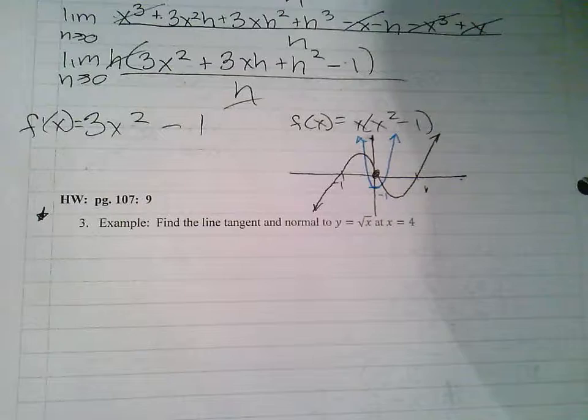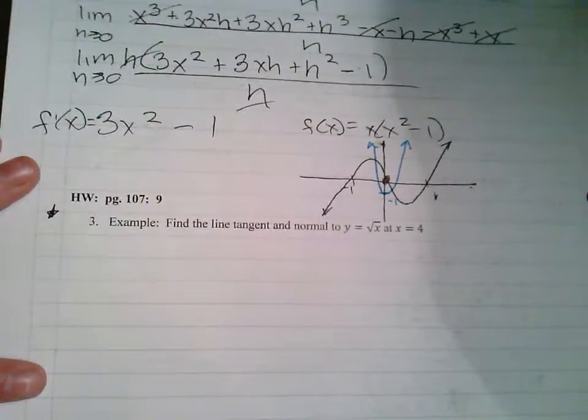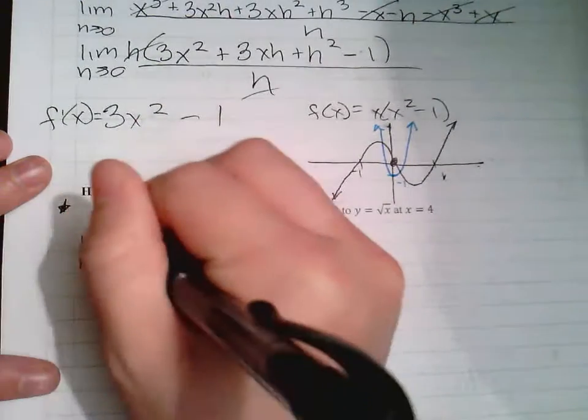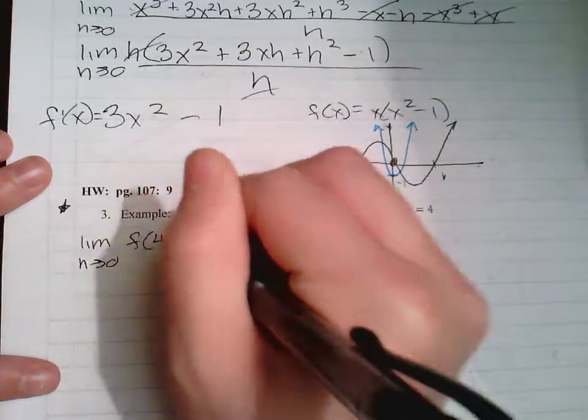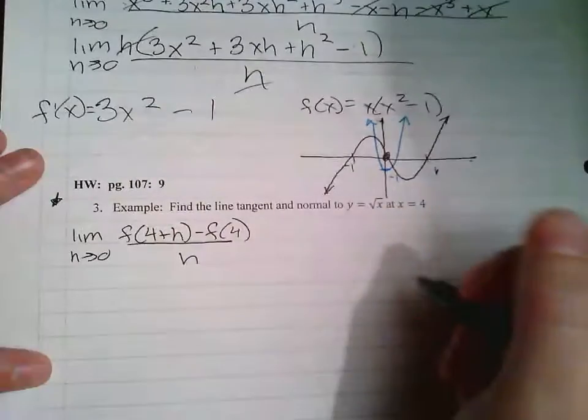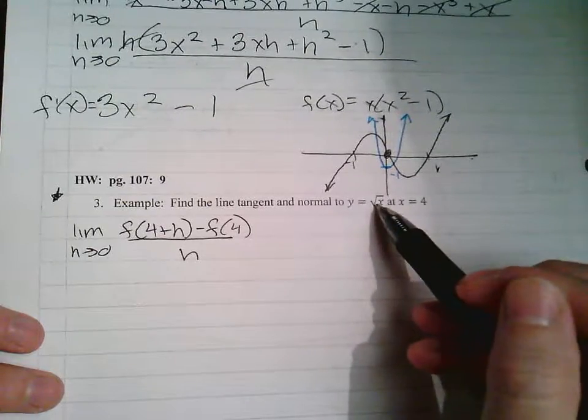Okay, so find the line tangent and normal. So same thing at x equals 4. Except we're going to have the limit as h approaches 0 of f of 4 plus h minus f of 4 over h. Where you see x, you're going to put 4 plus h.